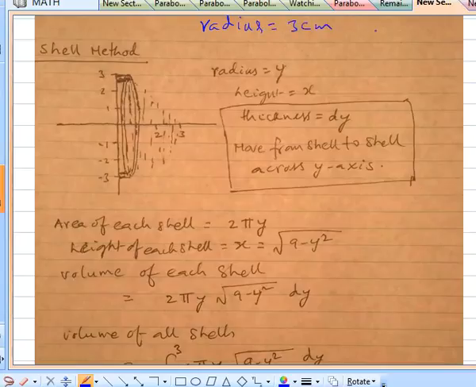And usually in the problem that you're given, you would have the graph along with the function given to you. So the graph may look something like this, and you might be told that it's rotated around the x-axis, something like this. So this is the rotation, not the graph itself.